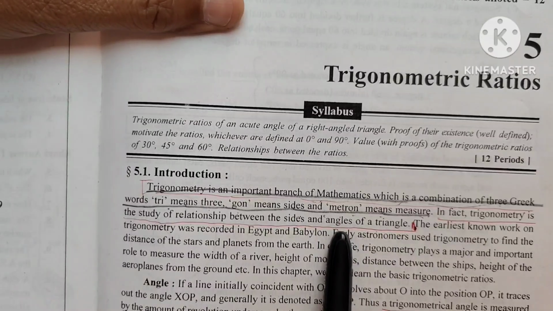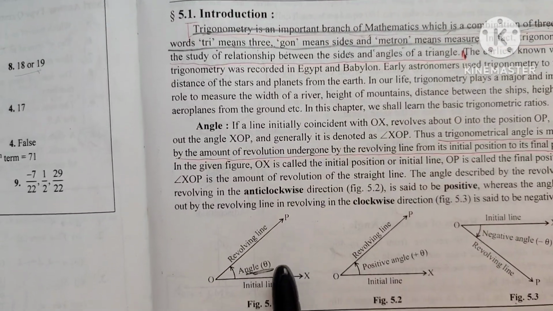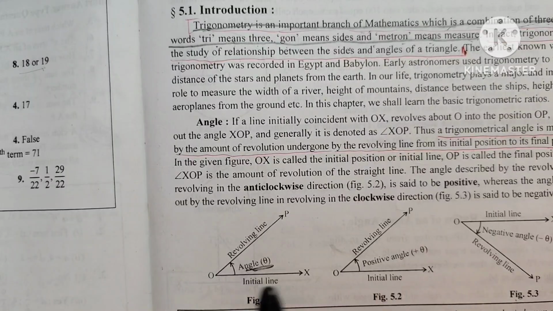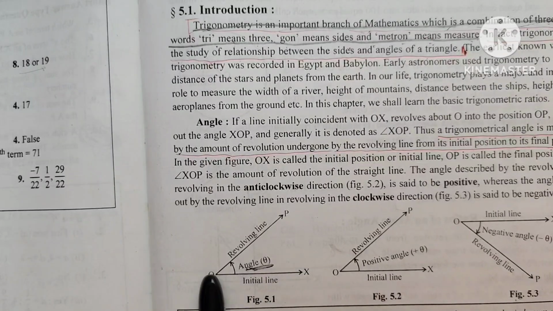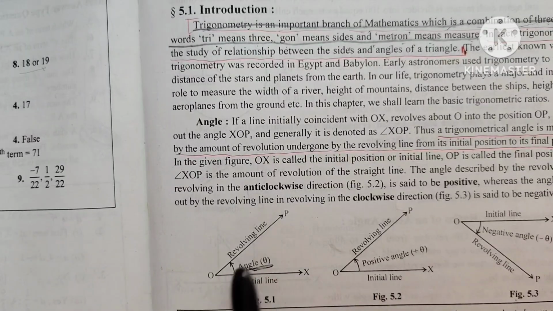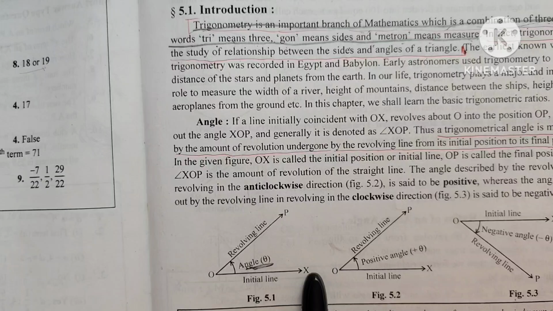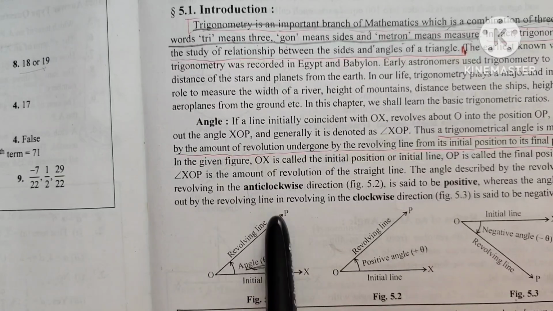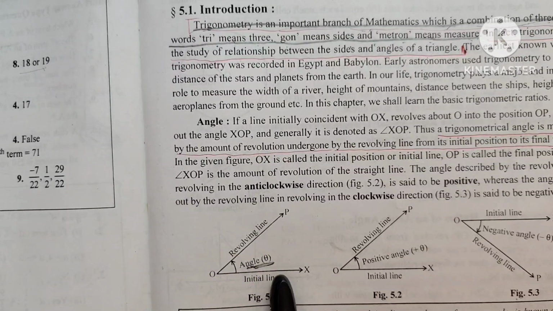Now let us come to the point angle. What is meant by angle here? Suppose this is the line, the initial line you can call it, and coincident with that is another line OP. That means OP is above this OX. Now you are rotating this OP in clockwise direction.